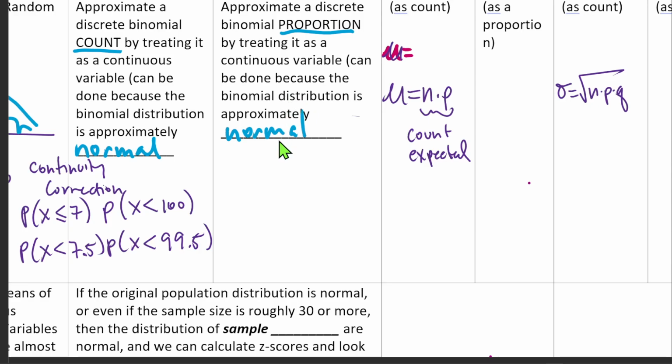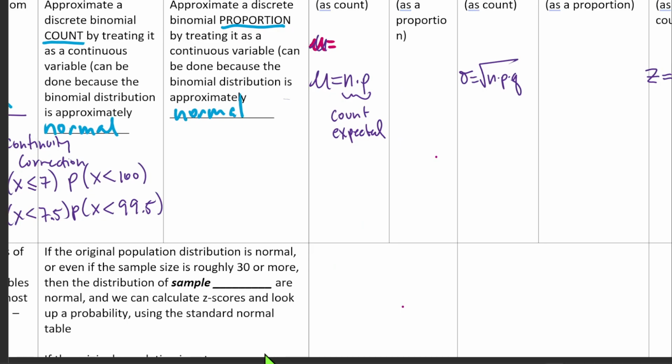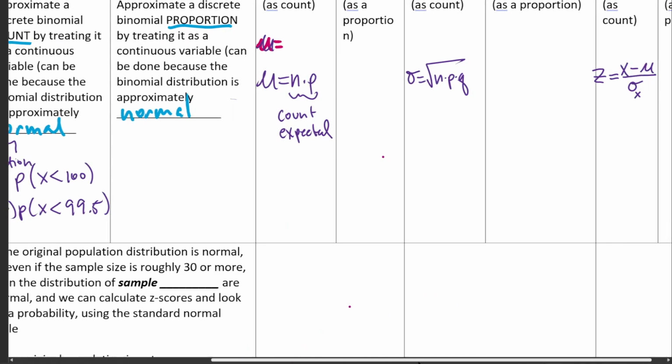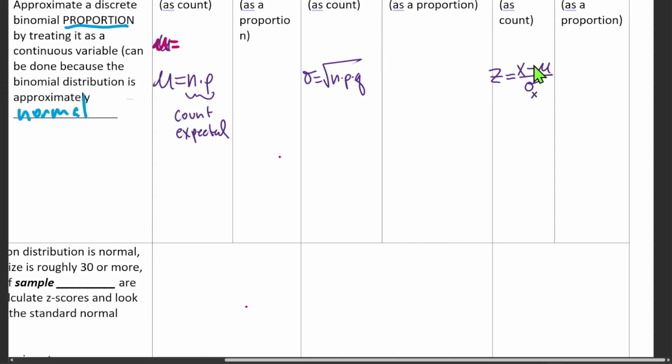What if you want to do this as a proportion? Now, it's the same way. Let's jump back to our z-score. How do you write the z-score as a proportion? I'll do this one in magenta. So when it's a proportion, you're looking for a certain proportion, a percentage to come out.